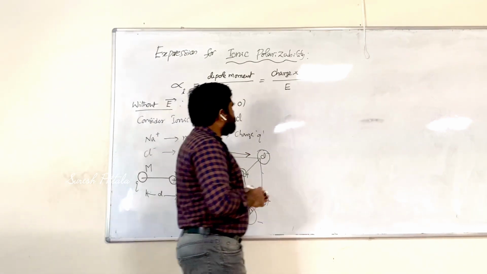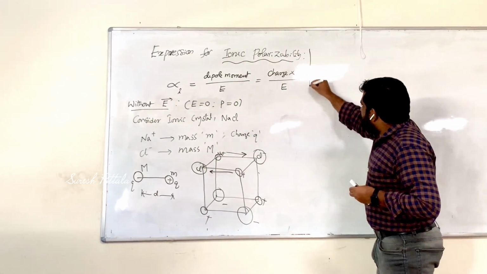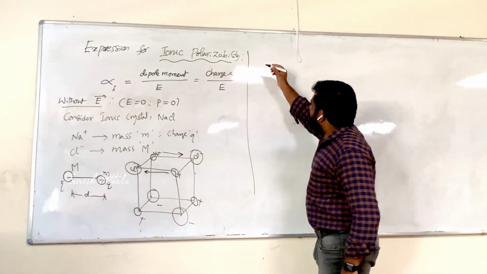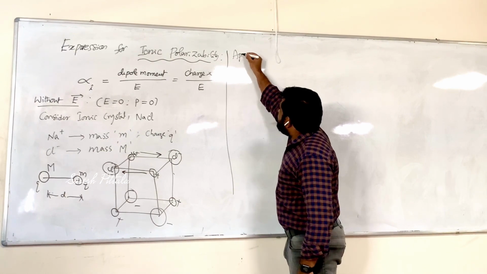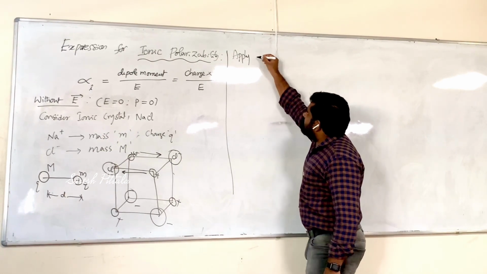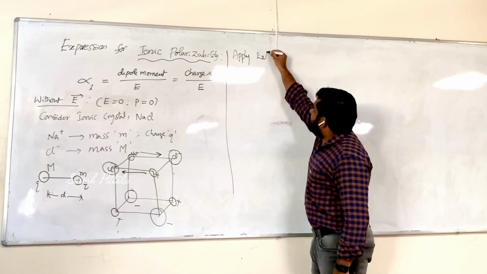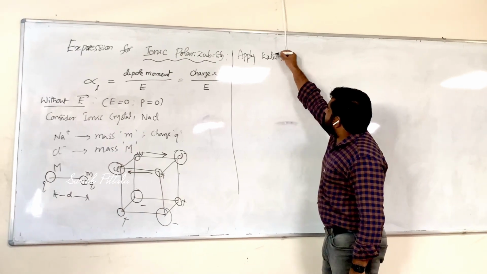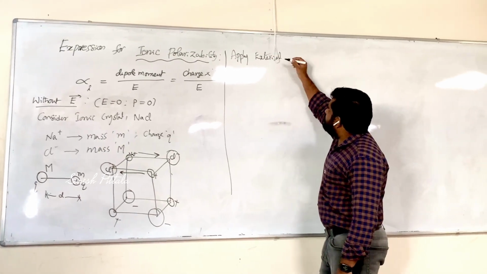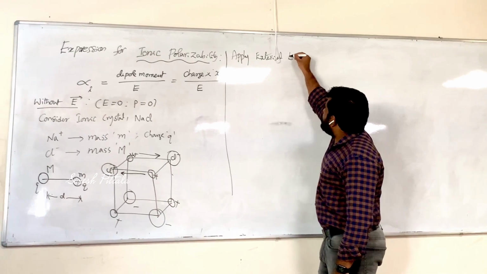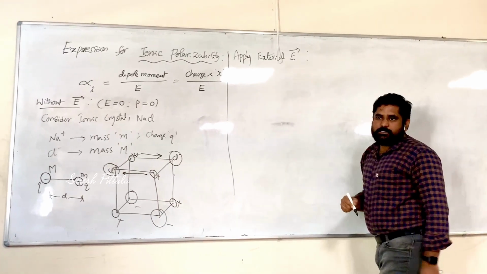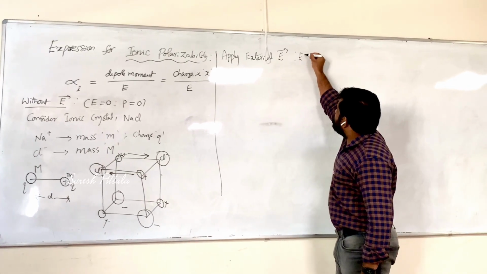Then let us go back to our case number 2. In case number 2, what are we doing? We apply an electric field. The electric field is external, so we say apply external electric field, which means your E is not equal to zero.